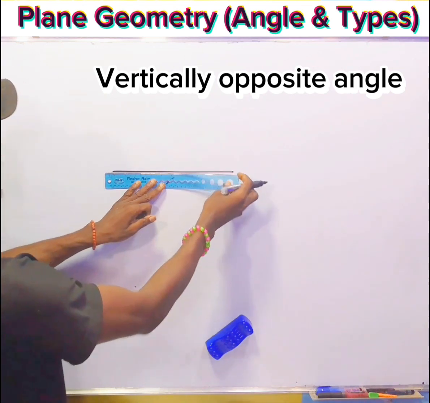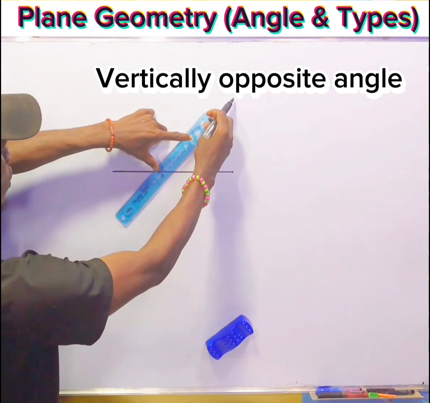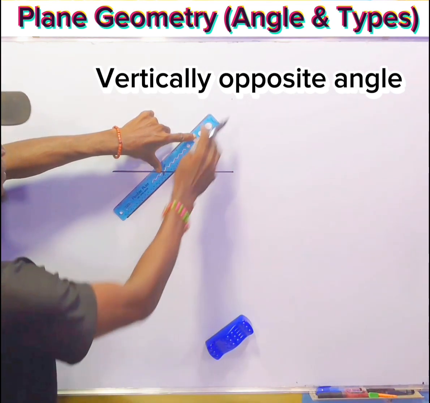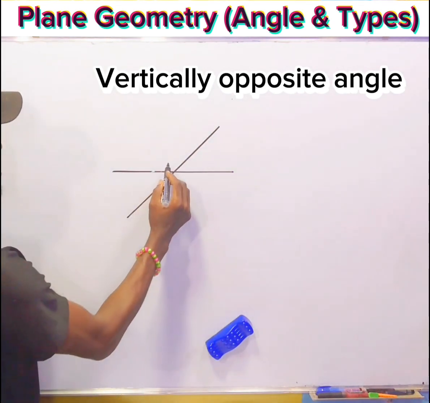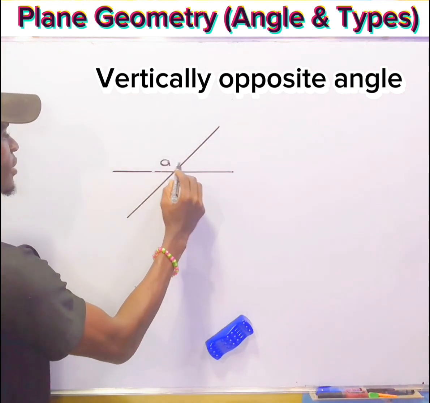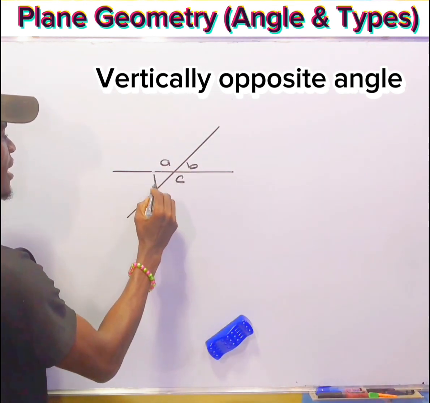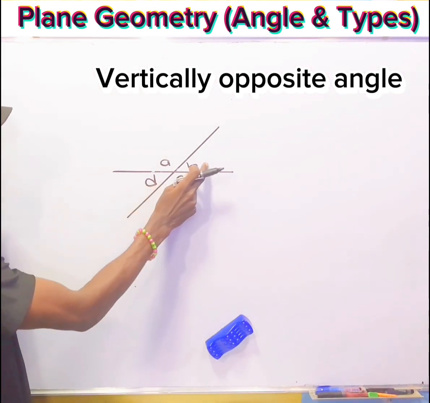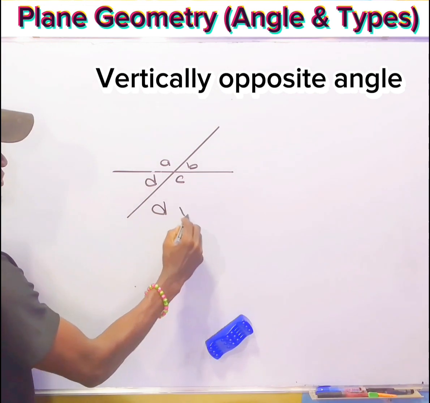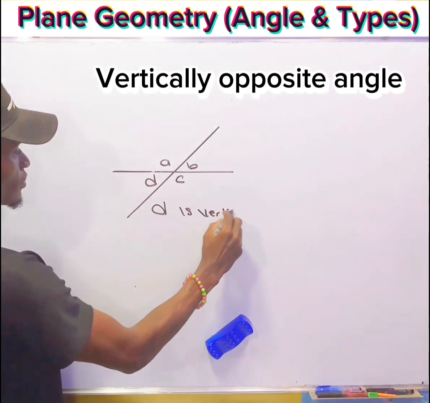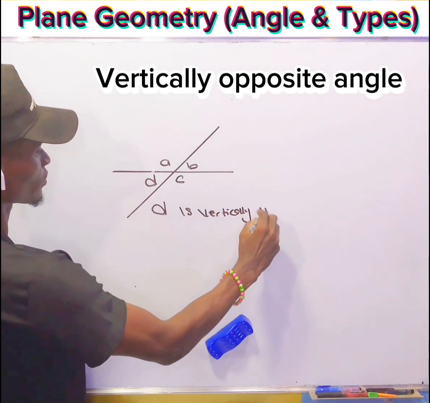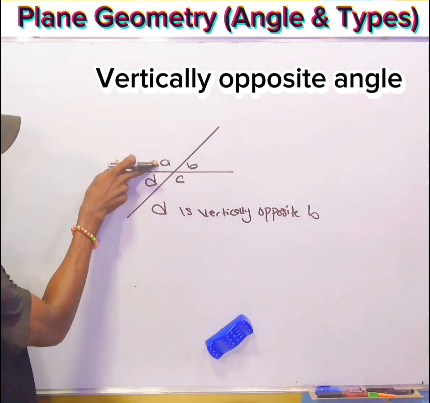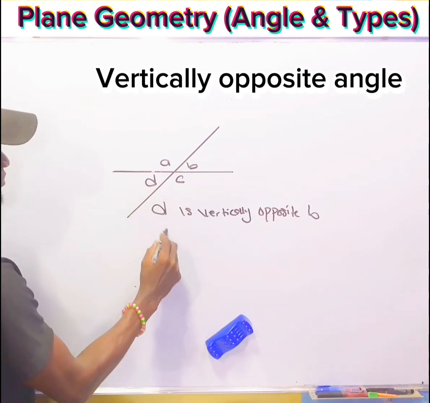If we have a straight line and also we have a line cutting the straight line, if this is angle A, this is B, this is C, and this is D. Now, angle D is vertically opposite B, and also A is vertically opposite C.